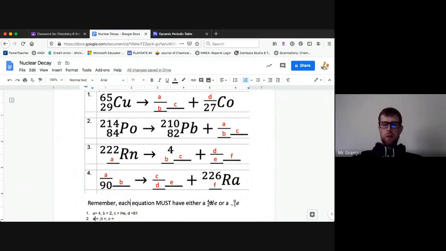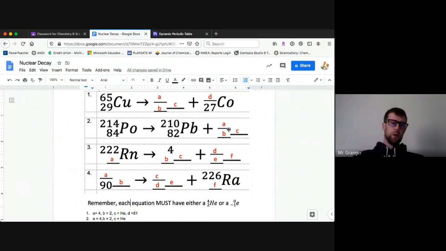Of these two options down here at the bottom, 4 over 2 or 0 over -1, it's definitely going to be the 4 over 2 because our mass is dropping by 4 from 214 to 210, and the atomic number is dropping by 2 from 84 down to 82. So letter A's answer on number 2 is going to be 4. B is going to be 2. And then our symbol for the alpha particle is capital H, lowercase e for helium. So it's just like number 1 in this case for your answers.